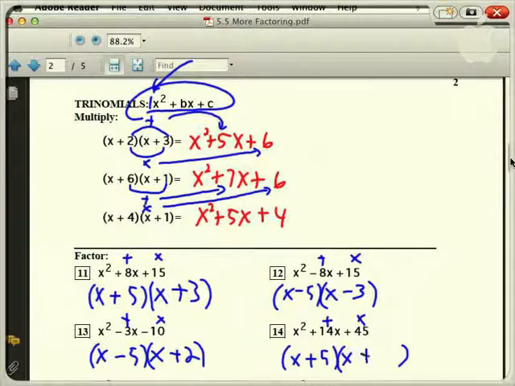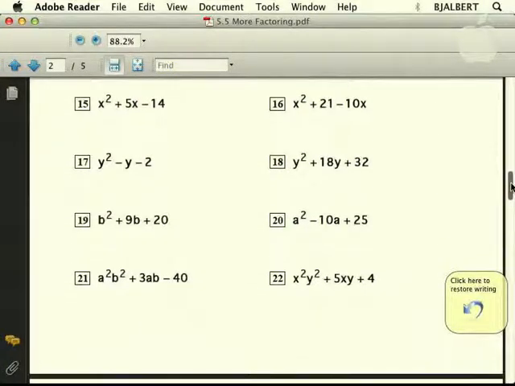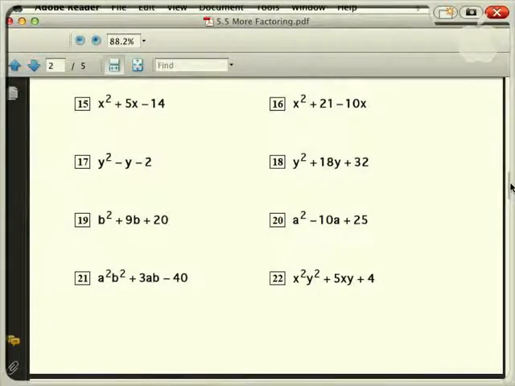That's plus 5 plus 9. In 15, we're looking for two numbers that add up to 5 and multiply to negative 14. So that would be plus 7 minus 2.